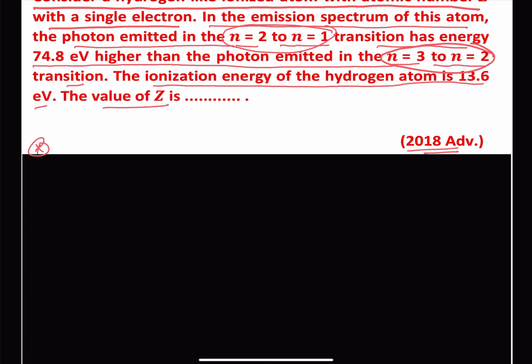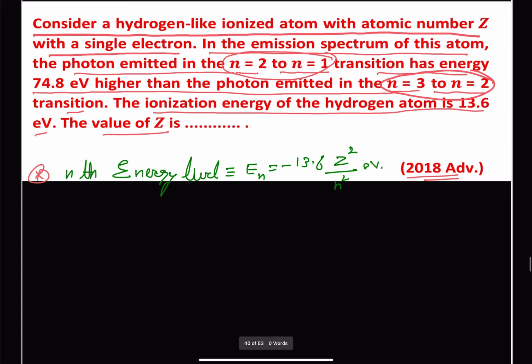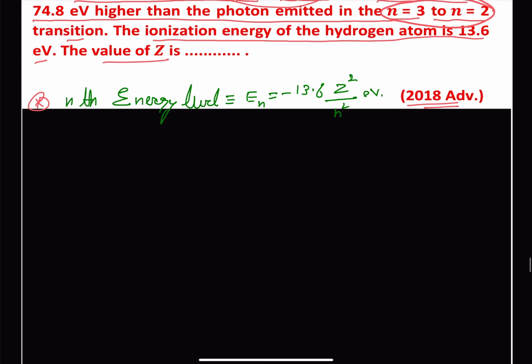So we can say the nth energy level, E of n, is equal to minus 13.6 Z square upon n square electron volt, and the first transition is from n=2 to 1.